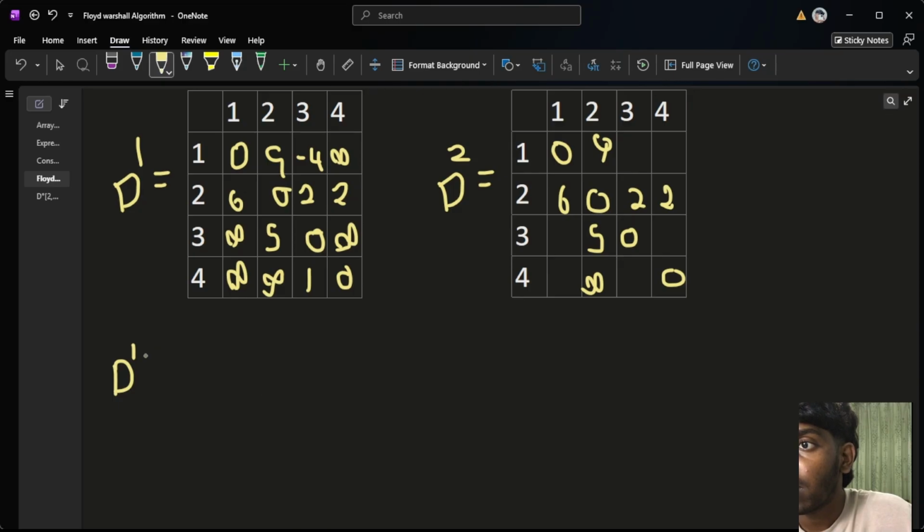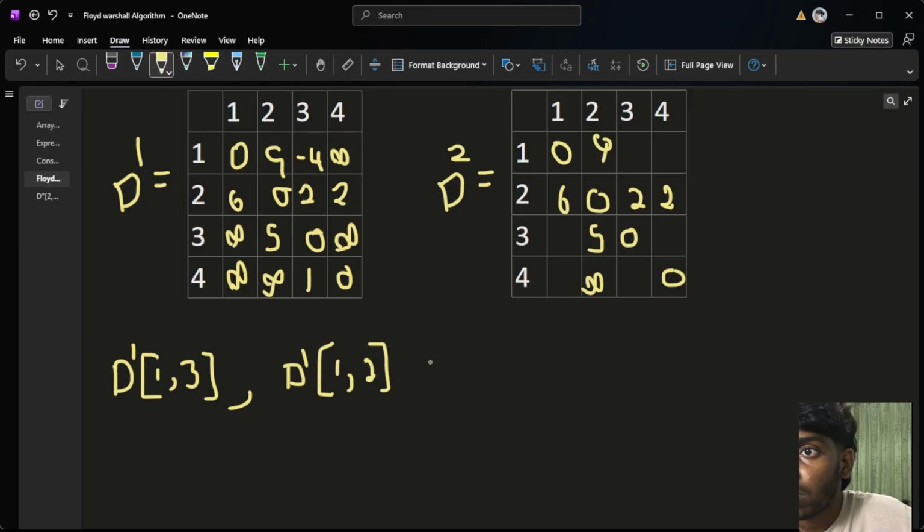So D1 1 to 3, and then D1 1 to 2, and then also D1 2 to 3.